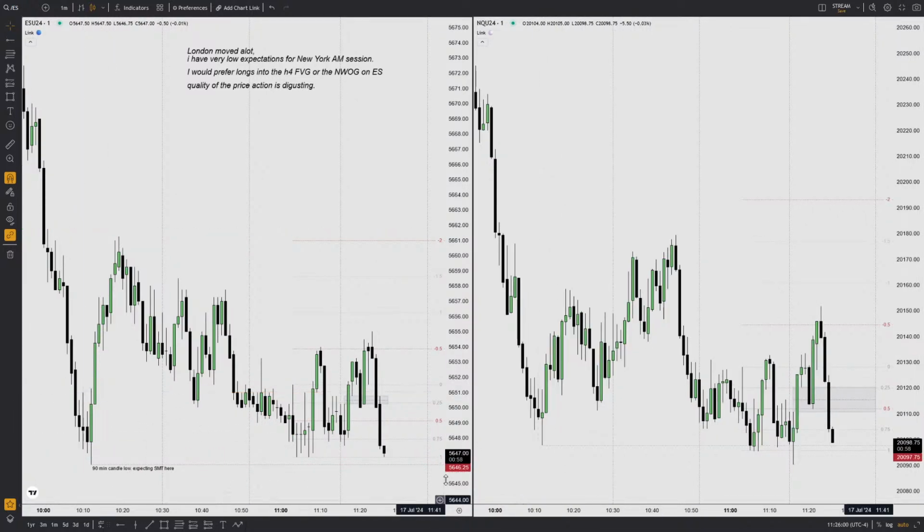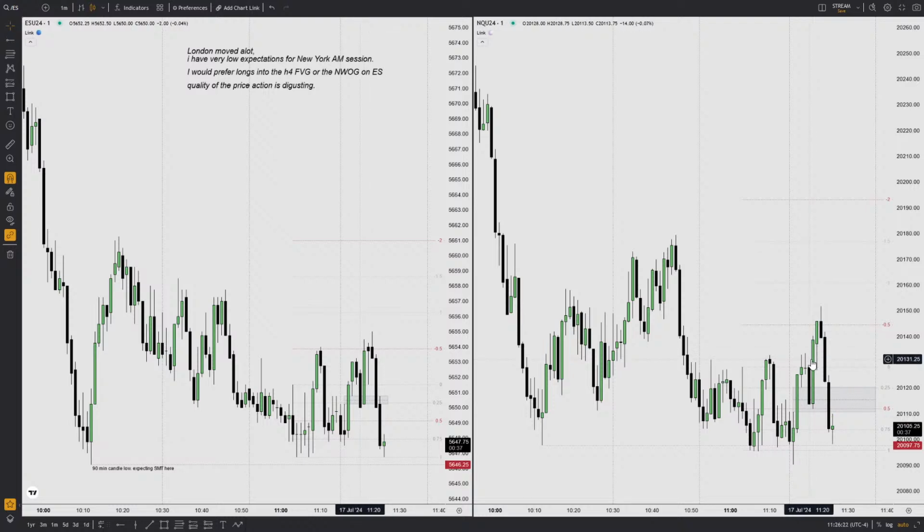Right. See, I don't like how NQ took out these buy stops, and then after that traded into this premium fair value gap, and then it has closed below these two up close candles here.